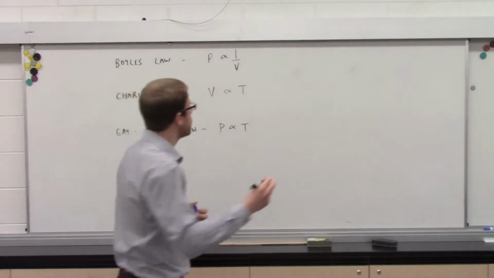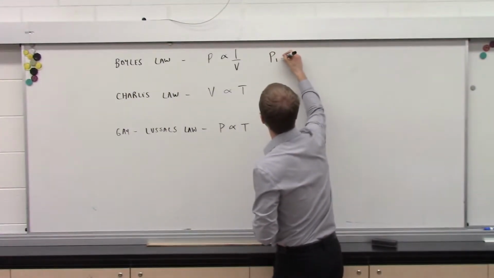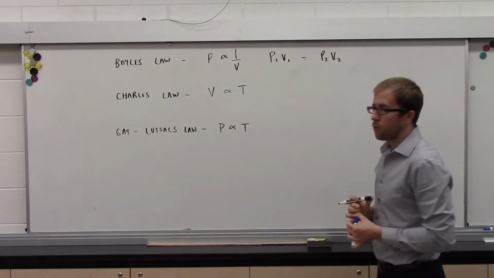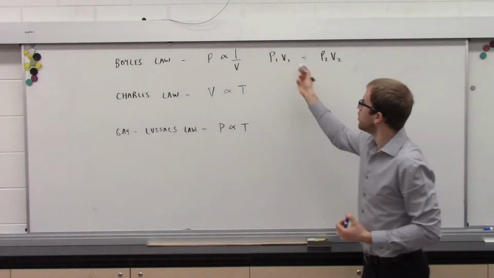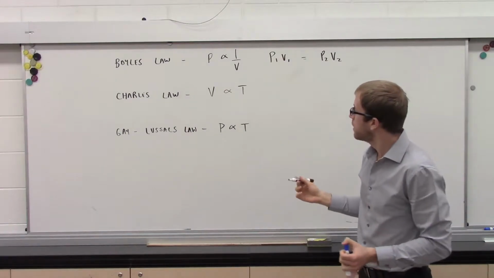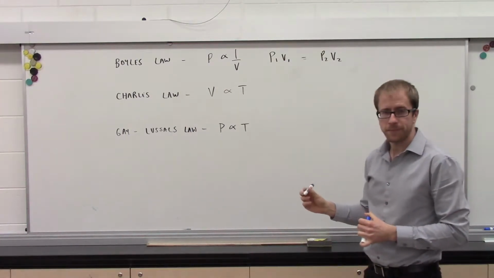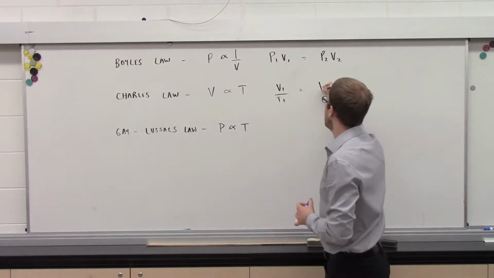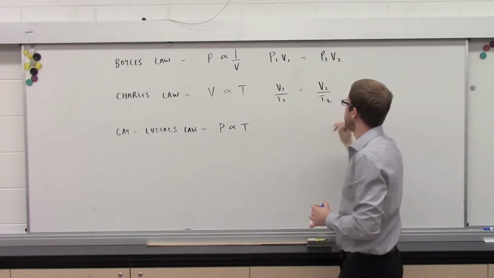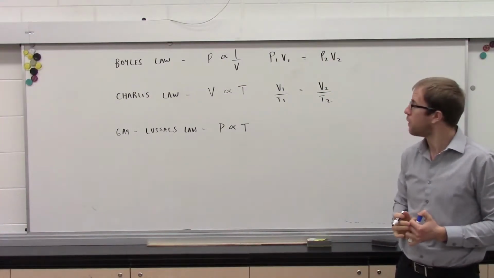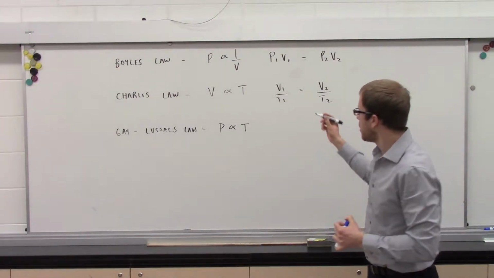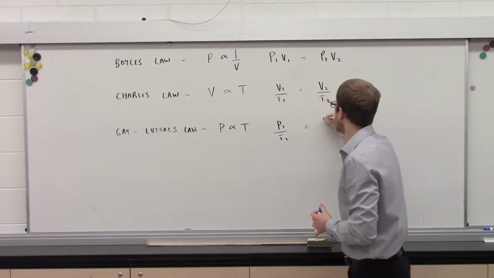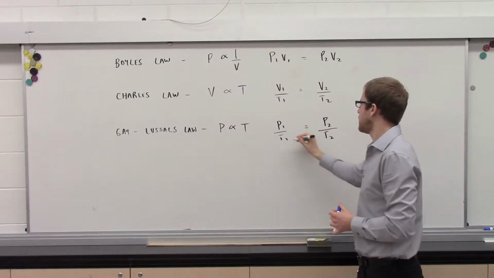For Boyle's law, it is P1V1 is equal to P2V2, right? You would plug in for the variables you know and solve for x. For Charles' law, it is V1 over T1 is equal to V2 over T2. Again, you'd plug in for what you know, solve for x. And for Gay-Lussac's law, it is P1 over T1 is equal to P2 over T2.